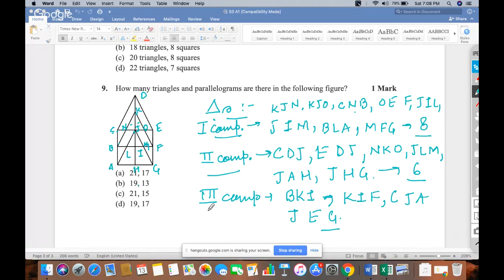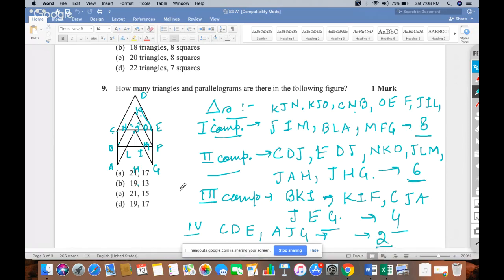With 4 components, can I have one? If you look at the bigger one, I have never counted this. 1, 2, 3, 4. So with 4 components, I have CDE, and I have here AJG. So 4 here and 2 here. So 8 plus 6, 14. 14 plus 4, 18. 18 plus 2, 20.